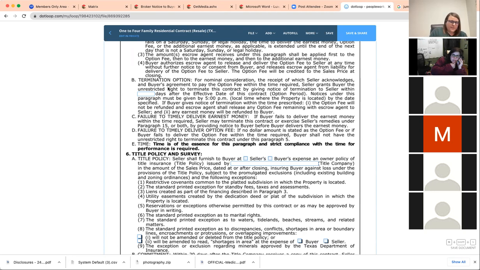If we don't have a successful transaction and the buyer's within their rights and everybody agrees, then it goes back to the buyer. If the buyer is not within their rights, it goes to the seller. Option money is automatically lost if you don't close, but earnest money is the one that's up to question depending on the situation of the contract.